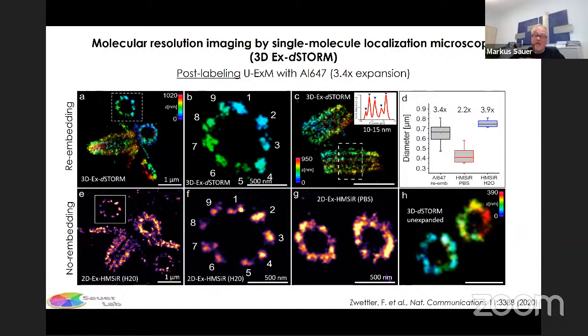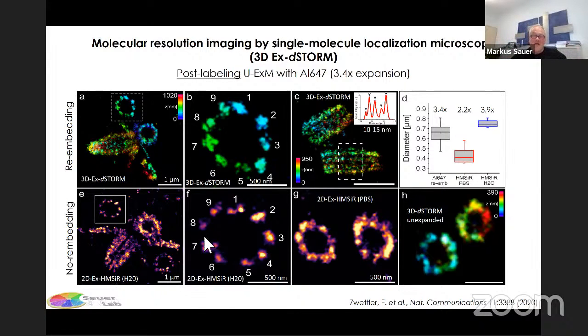But if you work just in pure water, the expansion factor is 4-fold without re-embedding, wonderful. But the blinking behavior of this dye just in pure water is very lousy. If you then switch to PBS, the gel shrinks again because PBS contains salt. The switching performance increases, but your expansion factor is diminished.